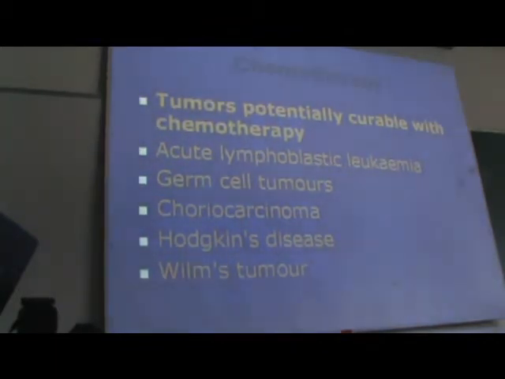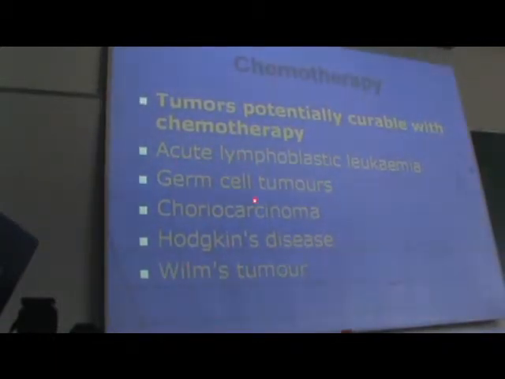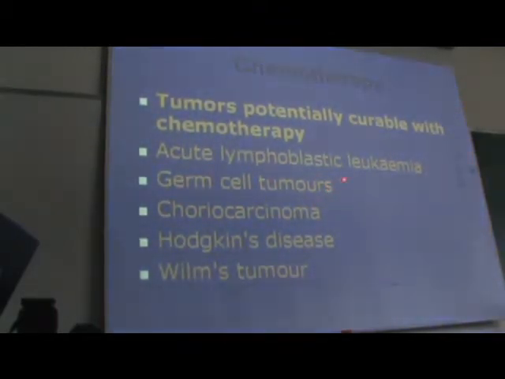For example, those are the tumors which are probably curable by using chemotherapy, like lymphoblastic leukemia, because you know that lymphoblastic leukemia is not a solid tumor. Most of the cells are proliferating, okay, so they will be targeted by chemotherapy. The germ cell tumors, testicular tumors, okay, those are very, very responsive to chemotherapy, and you can claim cure from using chemotherapy in those people.